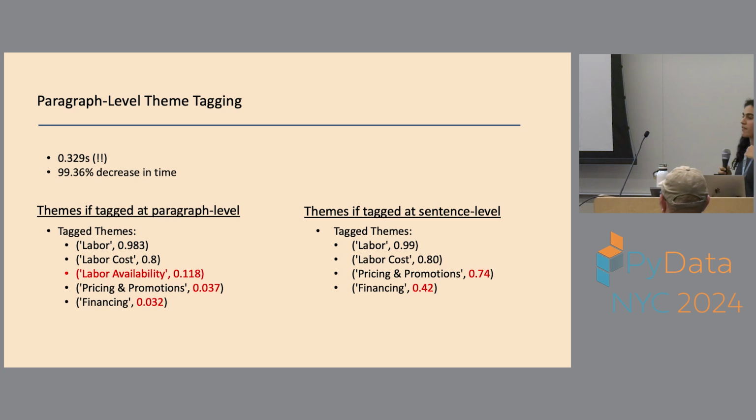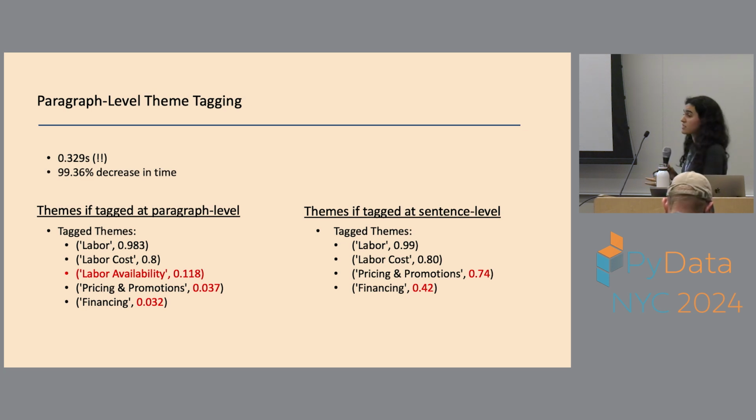Because let's say I have 25 sentences and there's talk of labor, et cetera, but I have one sentence that very confidently is talking about financing. And so when I predict at a sentence level and then aggregate to a paragraph level, it makes sense that I'm more confident about financing because I have one sentence that specifically is talking about financing.